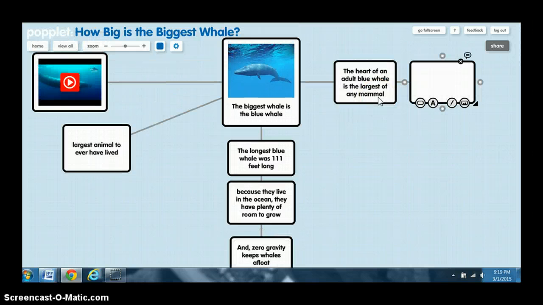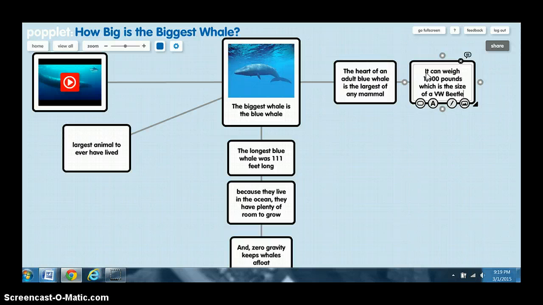I just added the heart in an adult blue whale is the largest of any mammal, and to elaborate, it can weigh 1,300 pounds, which is the size of a VW beetle.